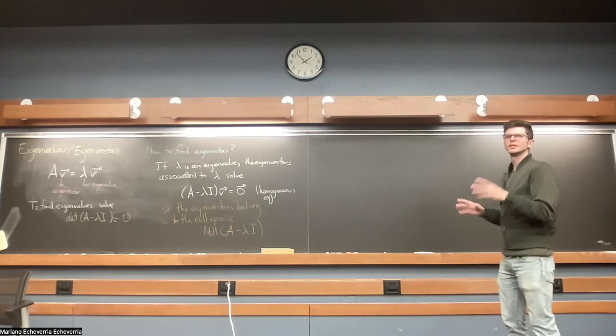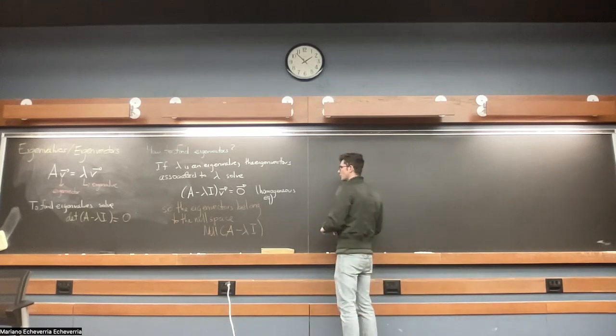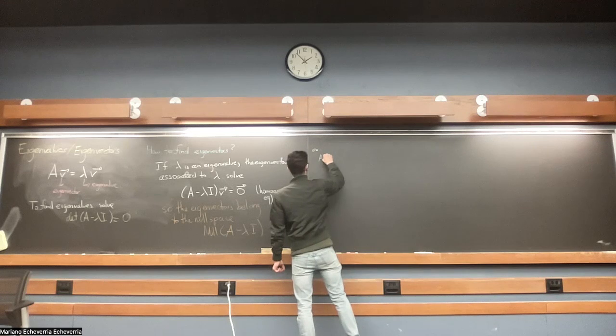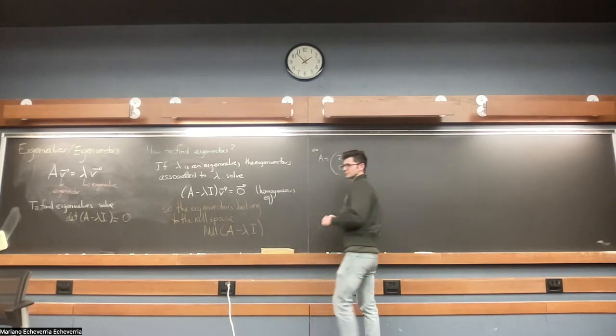So yeah, let me do some examples to make this more concrete. The first example will be this matrix that we analyzed last time, which was 2, 0, 0, -2.